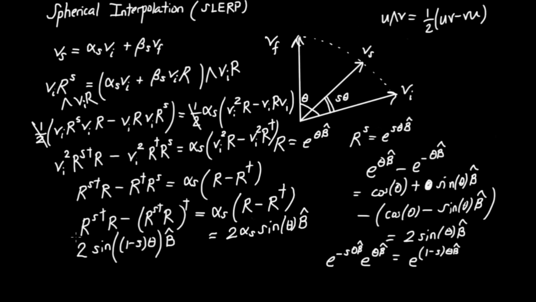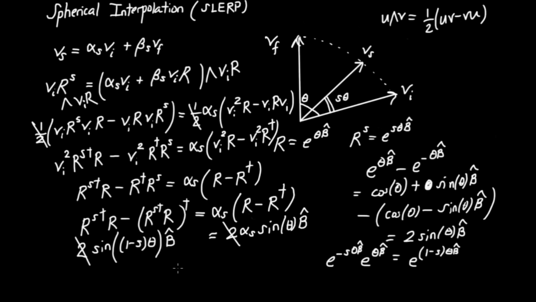Now let me cancel out those 2's. Now we've got two bivectors equal to one another. If two bivectors are equal, certainly the coefficients in front have got to be the same thing. So that means that sine of 1 minus s times theta is the same thing as alpha sub s times sine theta.